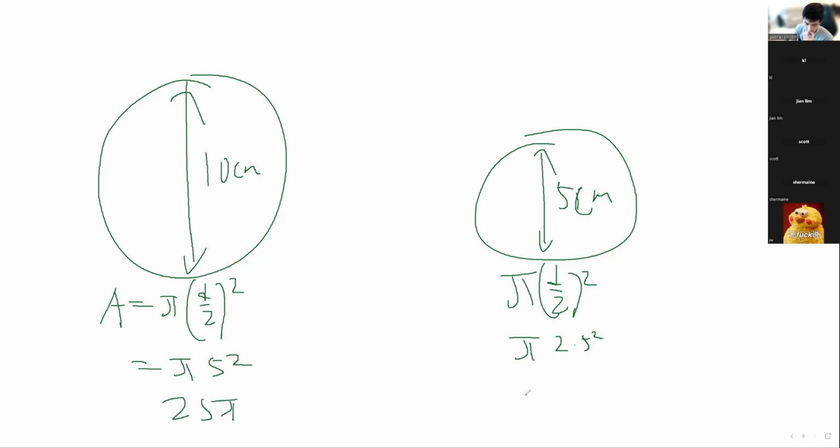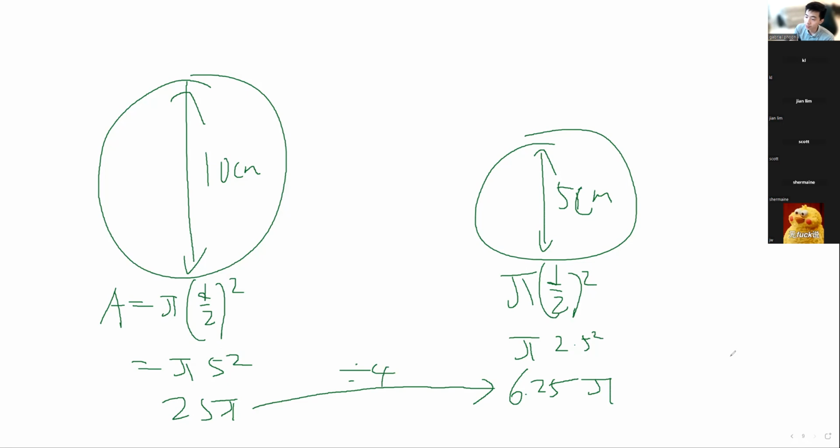And this one here is supposed to give you, how much? 6.25, is it? Yeah, 6.25 pi. 6.25 pi is an effective area reduction of divide by 4, guys.